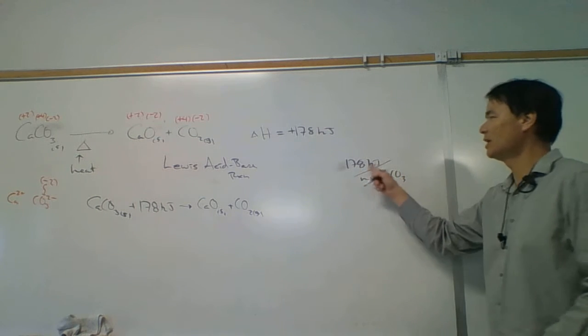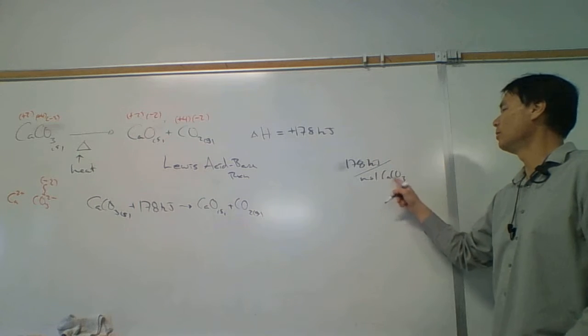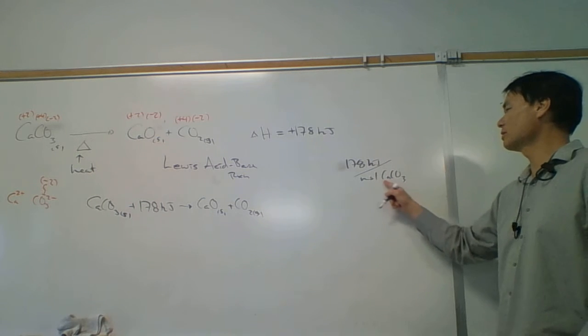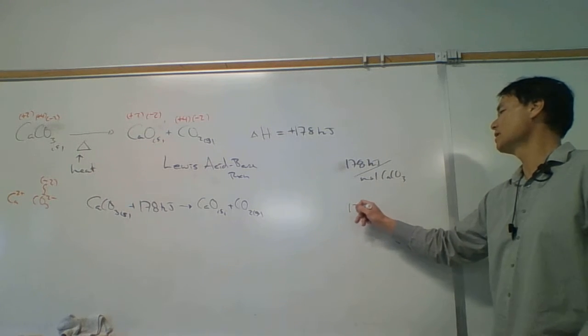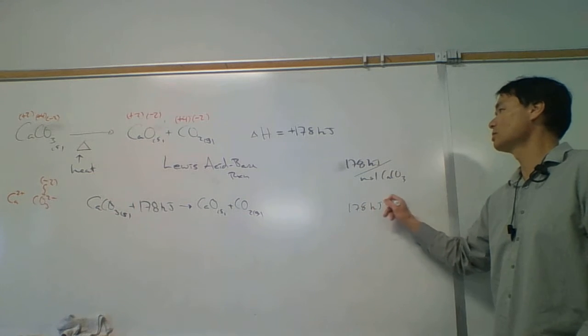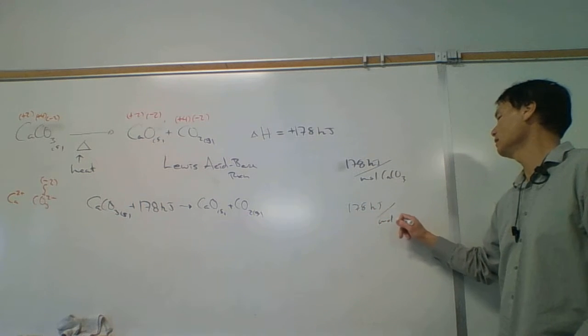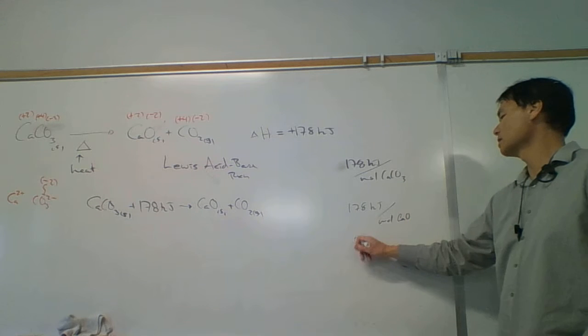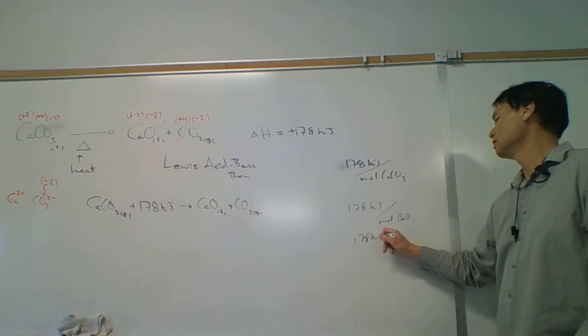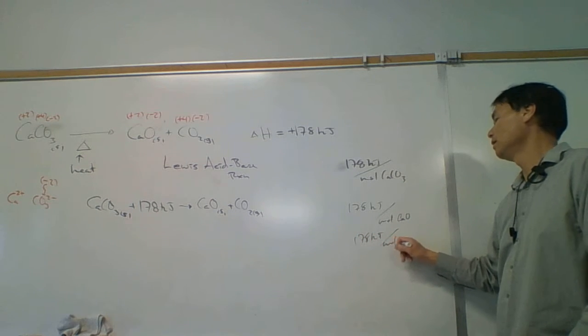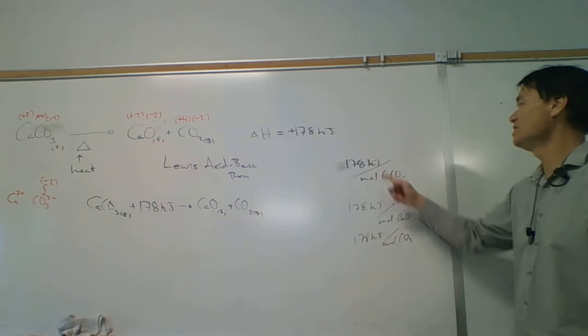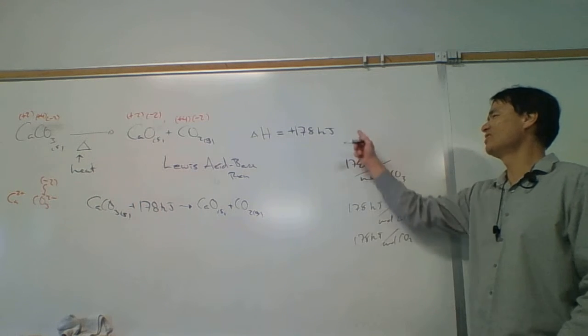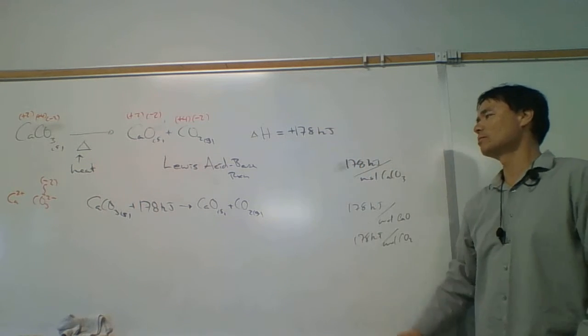And so 178 kilojoules required for every mole of calcium carbonate. But we don't have to restrict ourselves to calcium carbonate. We could say it's going to be 178 kilojoules per mole of calcium oxide, or it's going to be 178 kilojoules per mole of CO2. And so the reason why it's not per mole is because we could have it per mole of any one of those components in there.